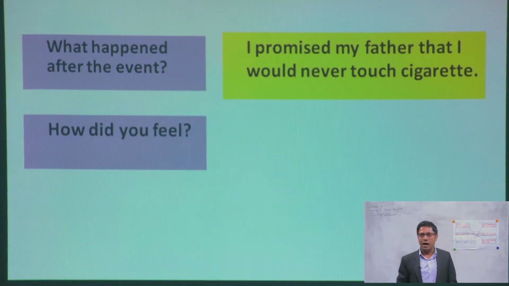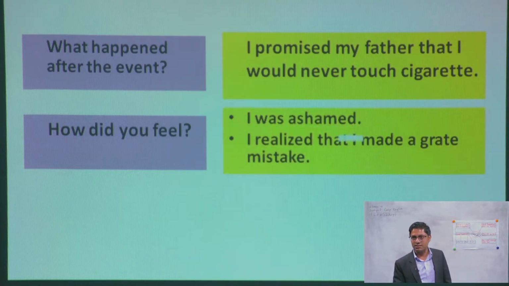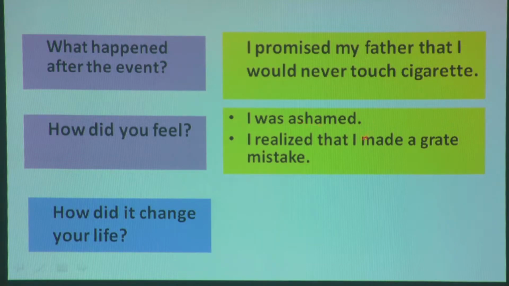How did you feel? Now, you recall your feeling of that time and make a note there as it is done there. I was ashamed. Another is, I realized that I made a great mistake. Oh, sorry, see the spelling of great there. It must be G-R-E-A-T, great. Please correct it.